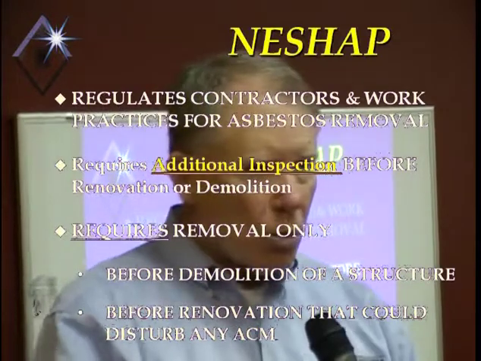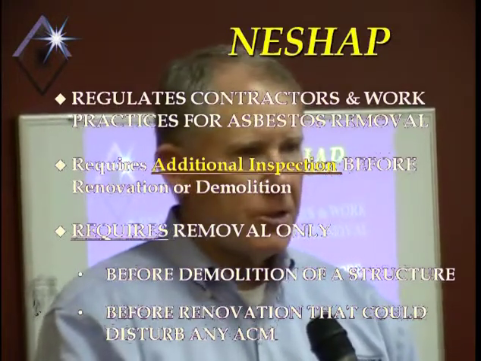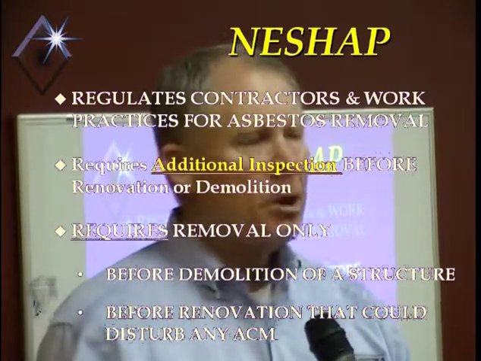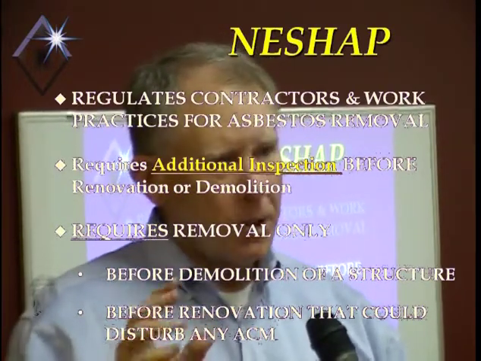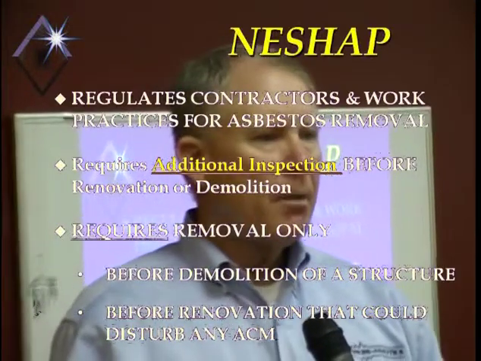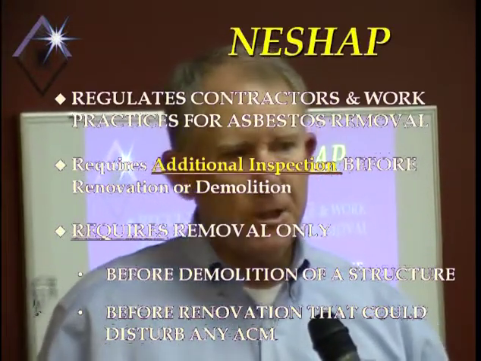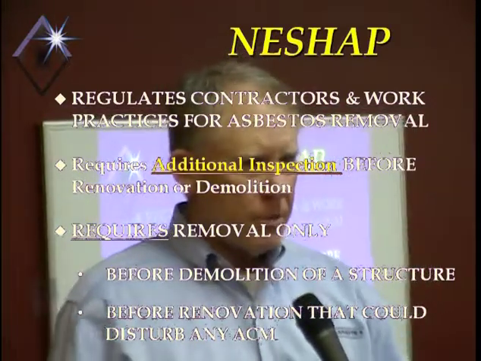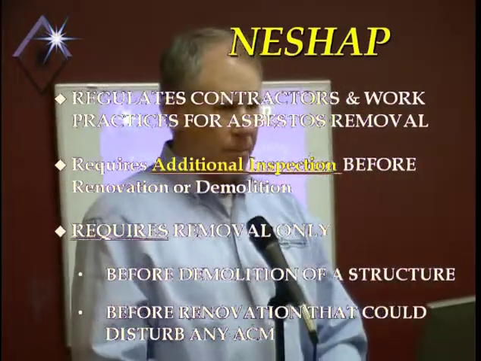If your school or facility is involved in one of these planned renovations, you have to understand that the AHERA inspection report that you have in your files may not be adequate, and in most times is not adequate, to comply with the requirements for inspection under NESHAP. AHERA does no destruction or demolition to identify areas where asbestos may be.